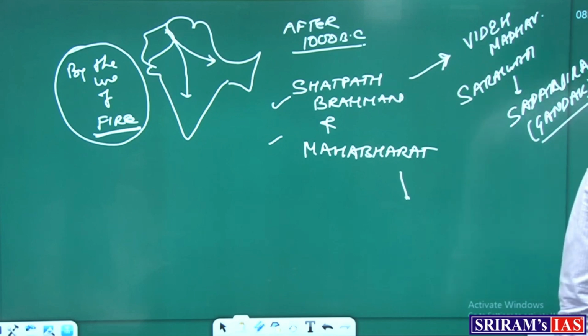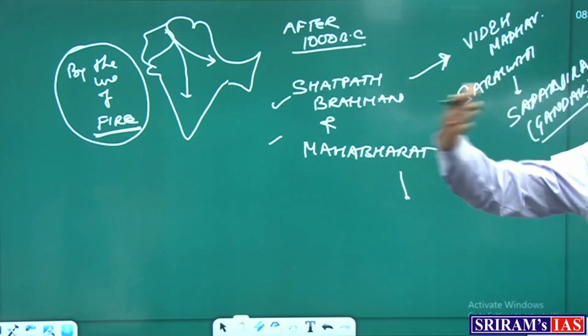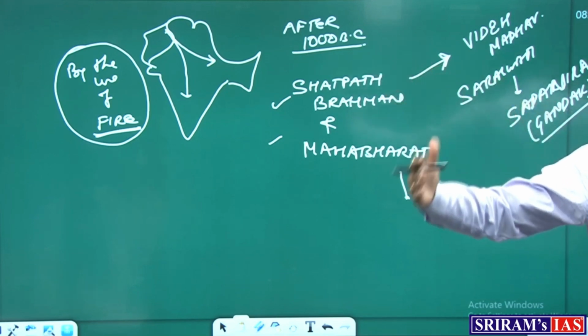Obviously, when we said that formation of Kuru, Panchal, and iron weapons, then that is possible only in this age. But when you talk about the Ramayana, it's very difficult to find out the date or even imagine it, because in the Mahabharata, Kuru Panchal developed first, and then we have development of Ayodhya and other cities.